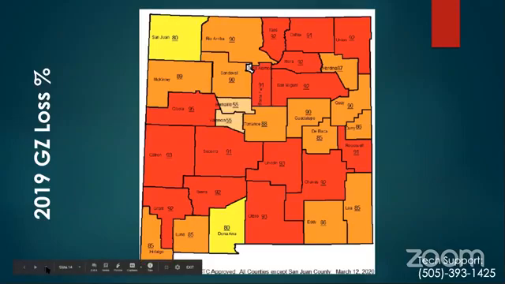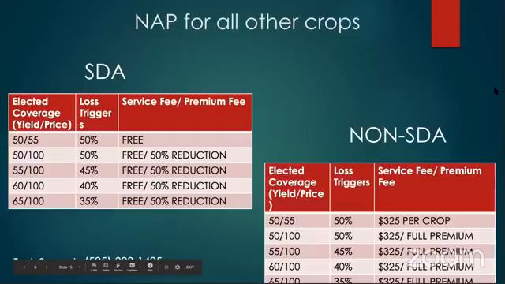Let's go to the next slide. So like I said, we do provide NAP for a bunch of different crops, which I'll get into, but for the native grass, you can only select the first tier of coverage, which is a 50% loss. For all the other crops, you can buy up your coverage.